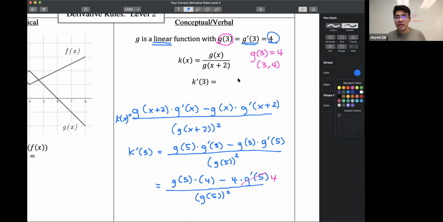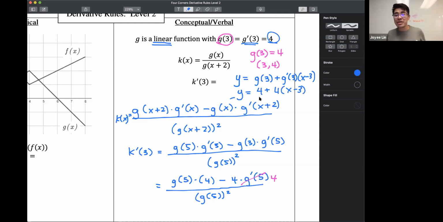So in Taylor form, y is equal to g of 3 plus g prime of 3 times (x minus 3). That's the equation of my line in Taylor form. So then y is equal to 4 plus 4(x minus 3).